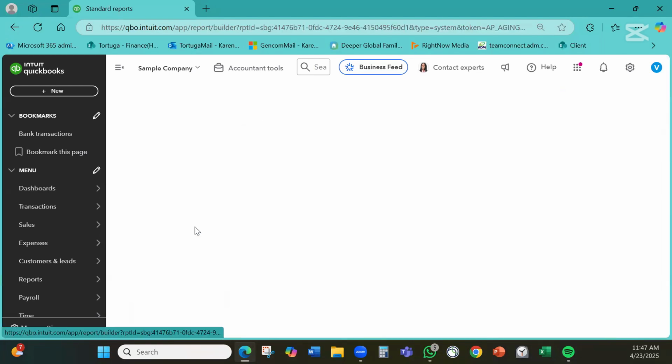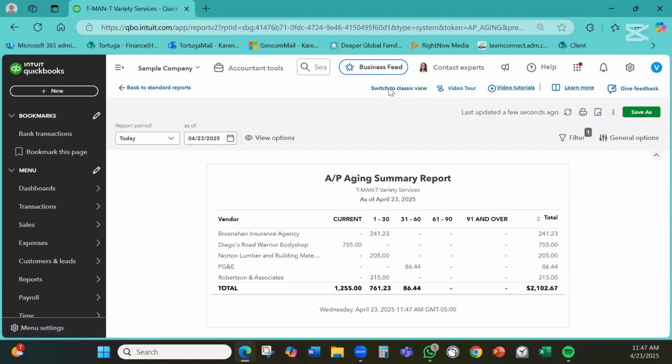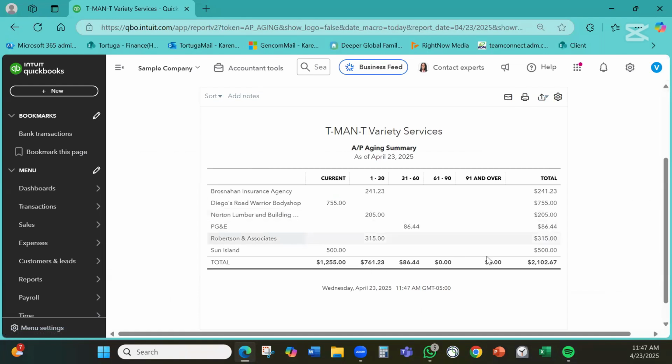So it's what you owe. And Sun Island, you now have $500. All right. So that was just going through the invoices, invoicing, and doing your bills.